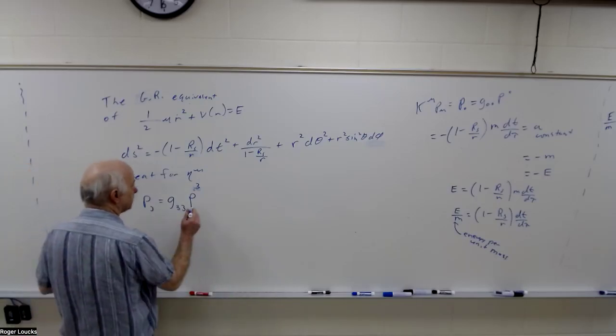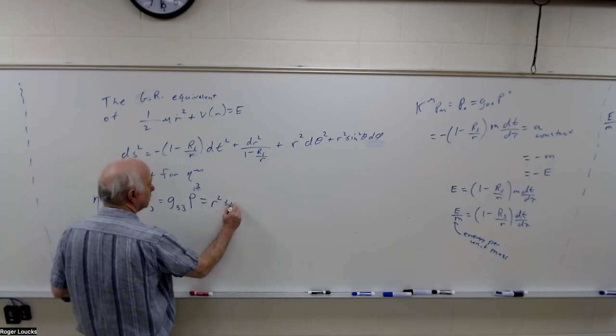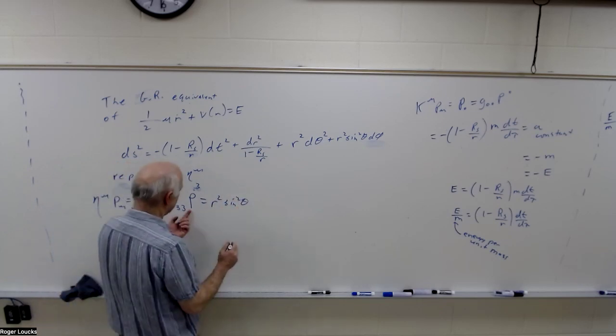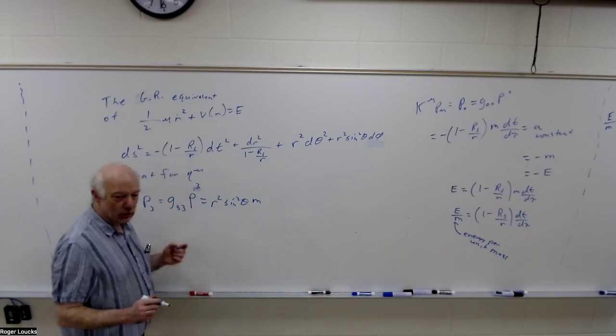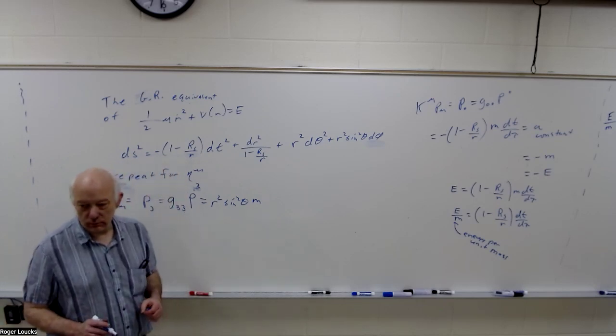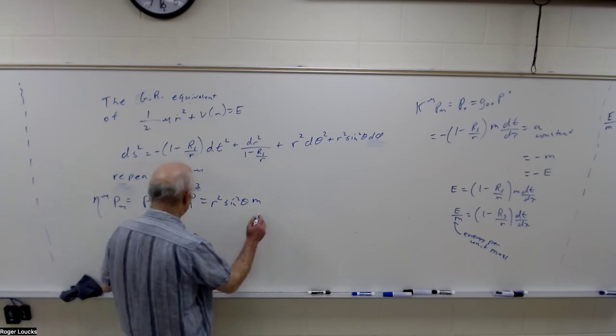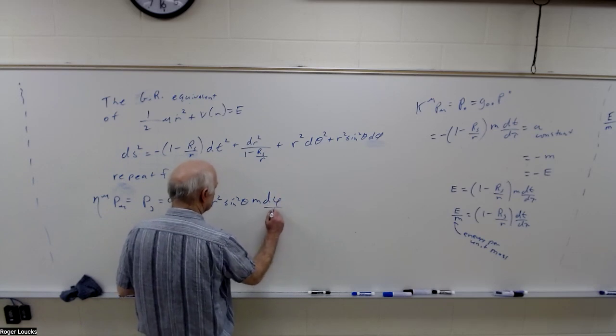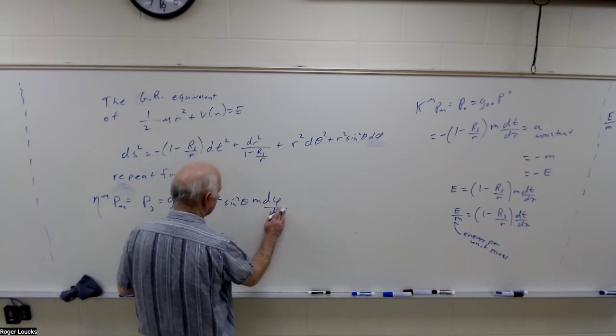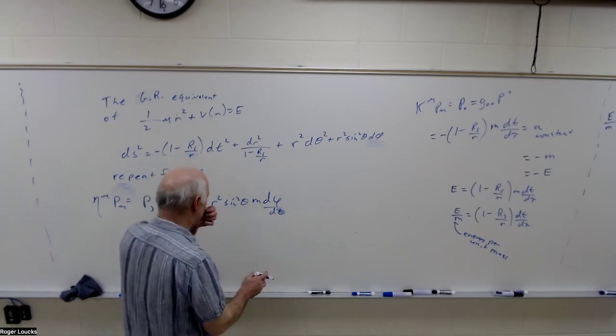Yeah, so this becomes R squared sine squared of theta, okay? And then this guy becomes M. What would be U three then, in this metric? D phi d tau.